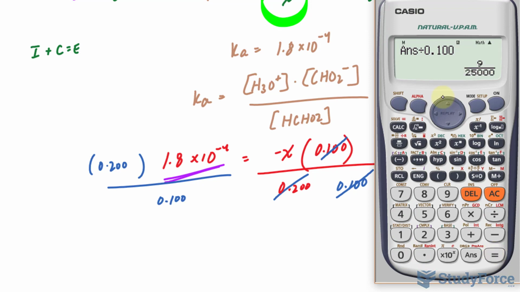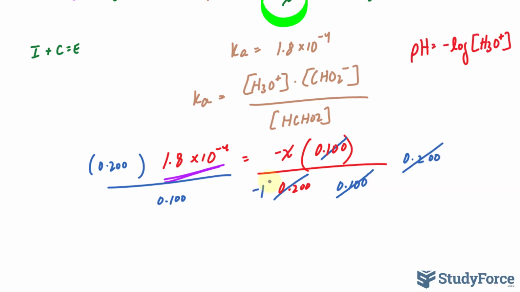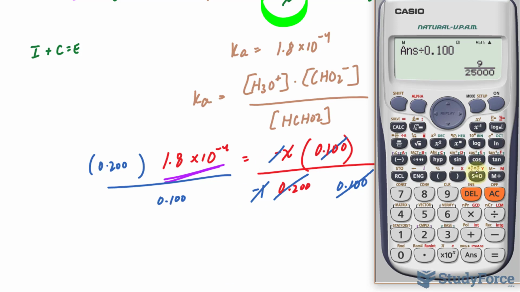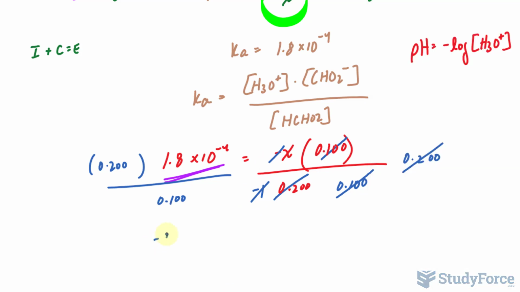And of course, don't forget to divide both sides by this negative 1. That will cancel out the negative, making this number negative 3.6 times 10 to the power of negative 4. And this is correct to the correct number of significant figures. Remember, this has 2 significant figures. This one had 3, so we end off with 2.